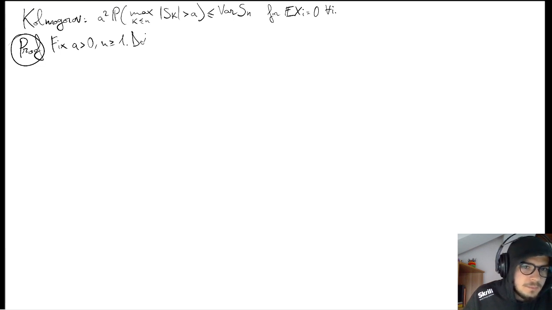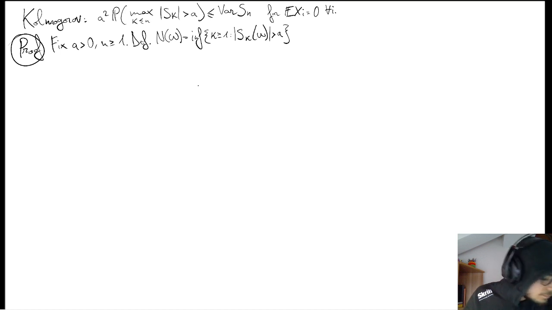Define N of omega to be the infimum of the set of k greater than 1 such that the absolute value of the realization Sk is greater than a, for any omega.